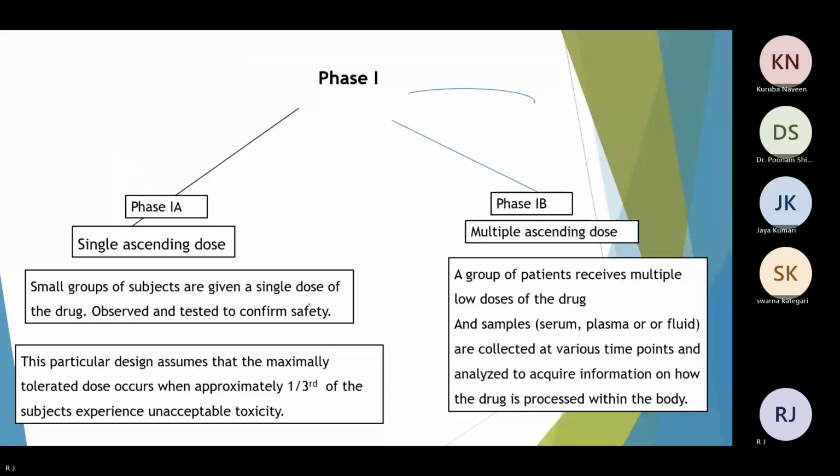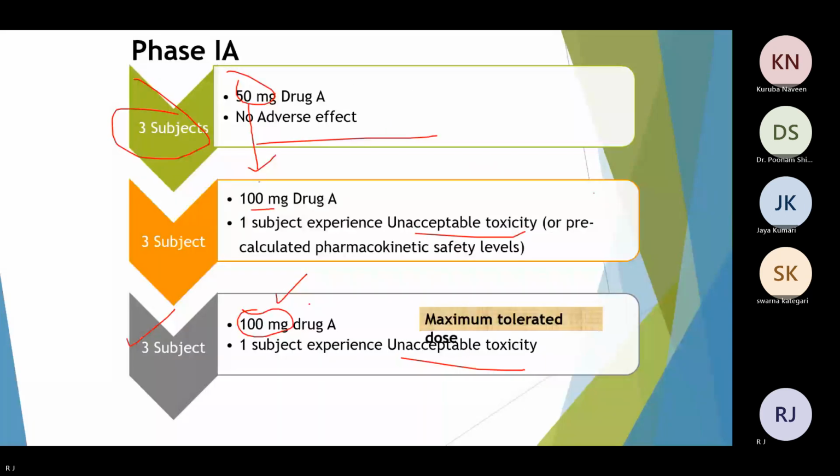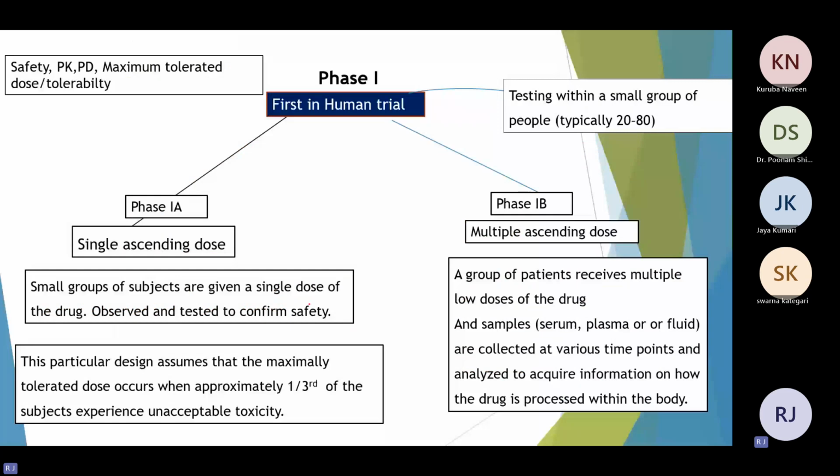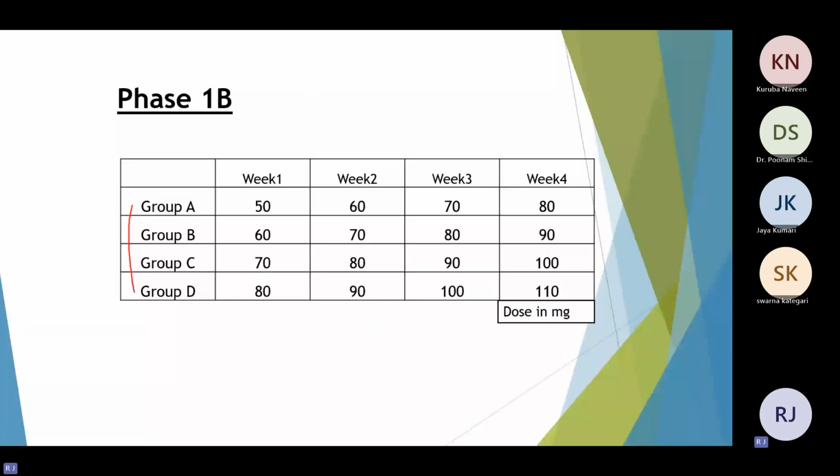Now we have seen the example of phase 1A. Now we'll see the second example for phase 1B. As I said, in phase 1B we are giving multiple doses, right? You see here, we have recruited multiple subjects in different groups and we are giving different doses.